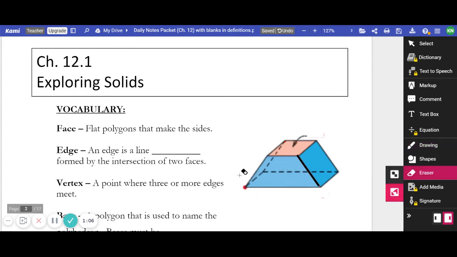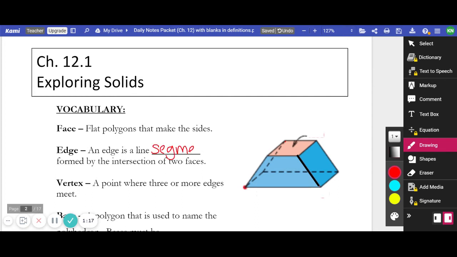Okay. Edge. An edge is a line segment formed by the intersection of two faces. So when this trapezoid meets this rectangle, we have an edge right here.